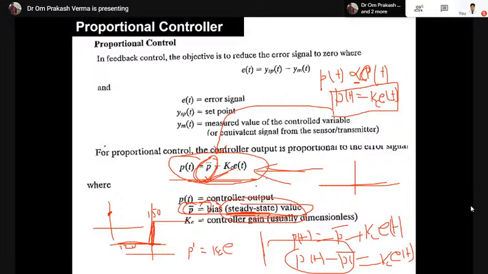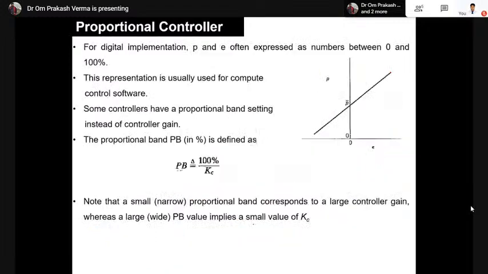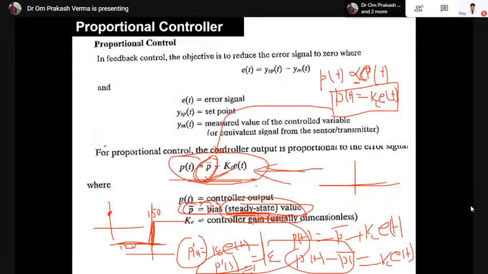When you take the Laplace transform of this, then it becomes capital P prime(s) upon capital E(s) equals Kc. So this is the transfer function for this.